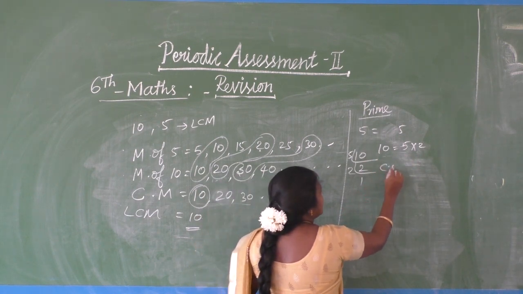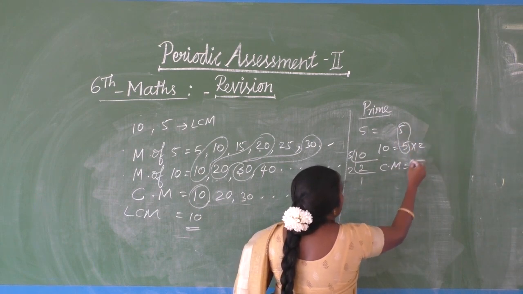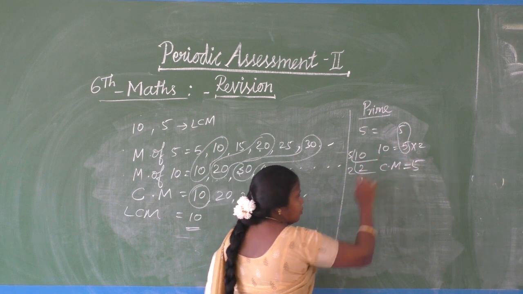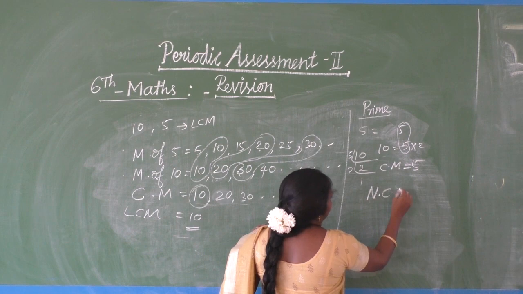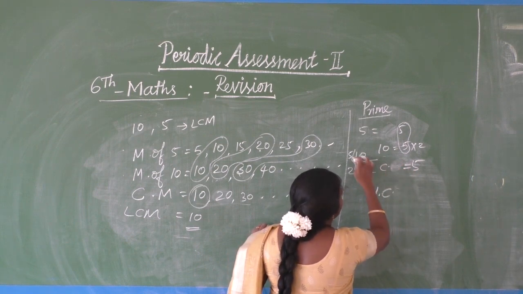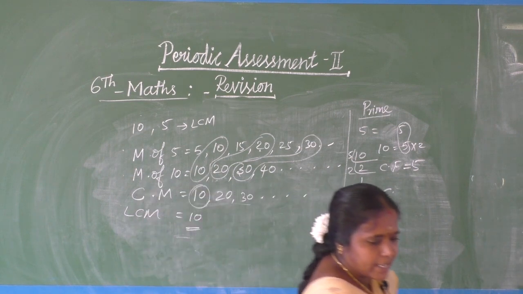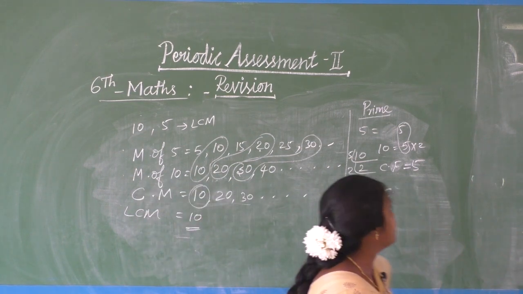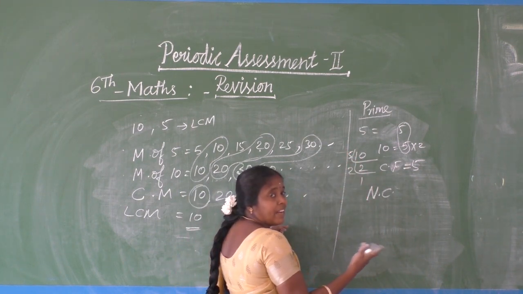Now the common one. Common factor for 5 and 10 is 5 only. What about non-common? Here factors, sorry, common factors. Because we have divided, no, here, not multiple. So in division, these are called divisors, nothing but factors.